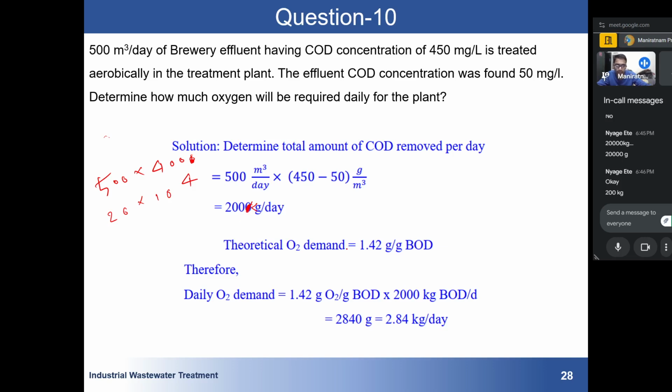Then we know that per, again I have to check this thing.